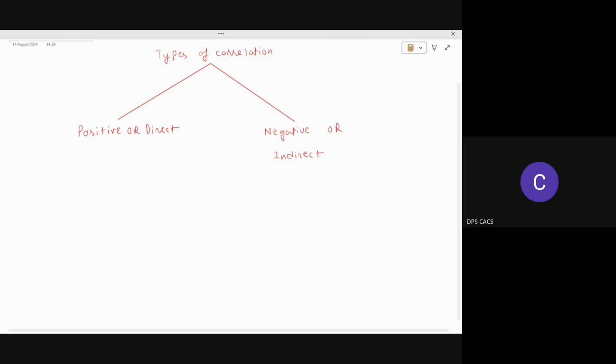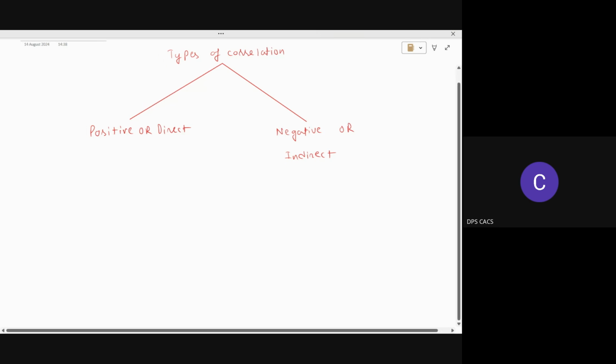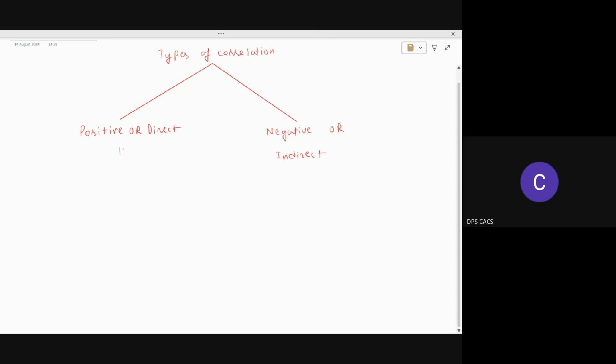Now, what is a positive correlation? This can come in the exam. Positive correlation means when variables move in the same direction, then the relation is positive.